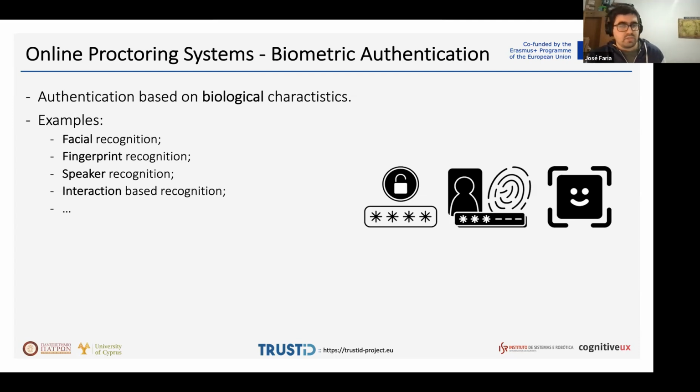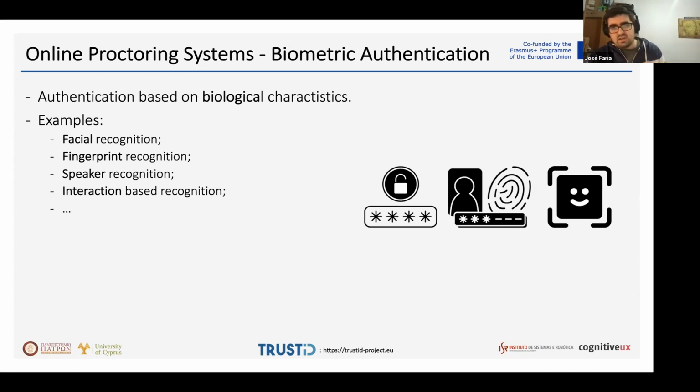And then you also have a little more esoteric authentication process, which is interaction-based recognition. Interaction-based recognition is basically a behavioral analysis of the user engaging with the application, where you try to, for example, analyze their keystroke patterns, where they're clicking, how they're using their mouse, and try to use that to evaluate if it's the same user or not.